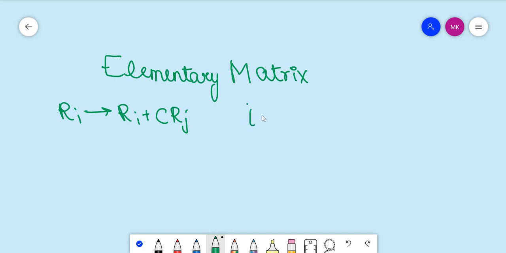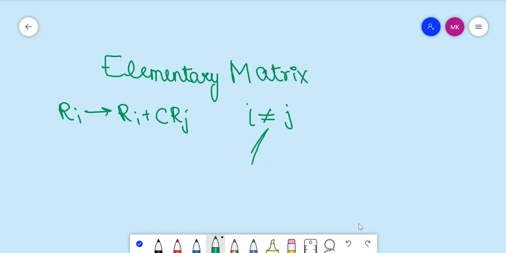So i is not equal to j. If i had been equal to j, it would have been equivalent to adding the same row to itself, which would not have been adding two different rows, rather it would have corresponded to scaling the same row. So let's begin with the proof.